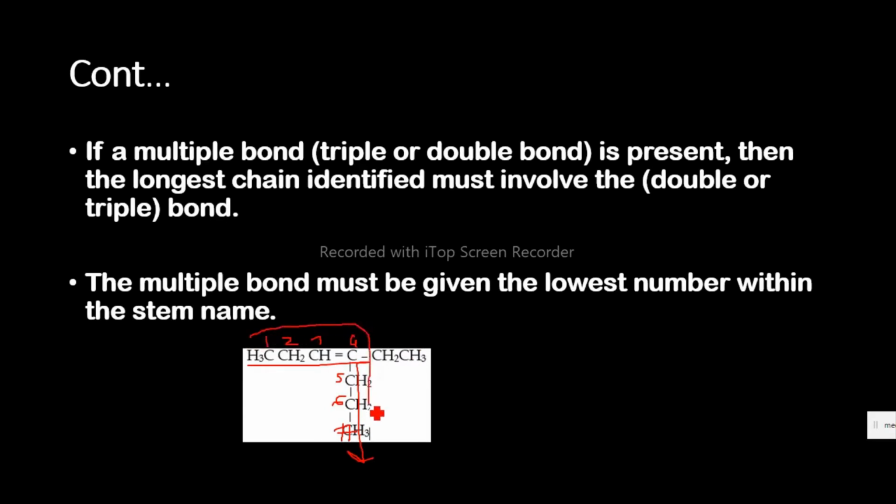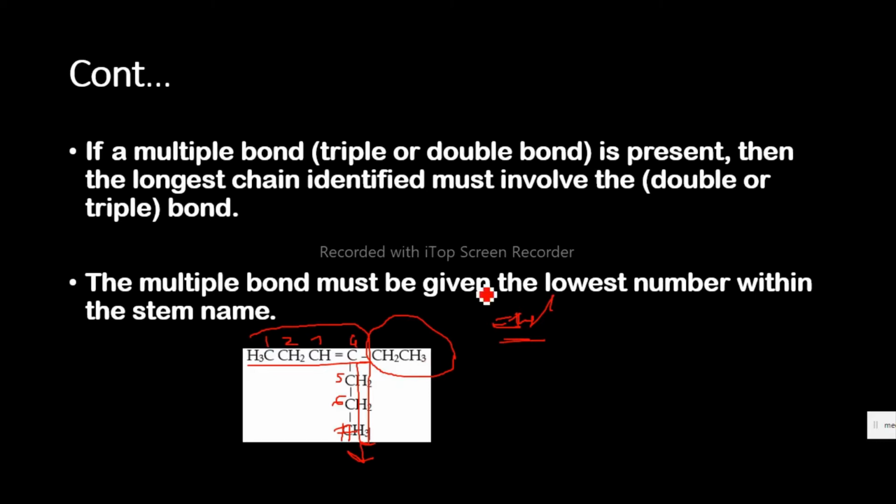Our parent chain has 7 carbon atoms. Then this is a group that is attached on our parent chain. And the group is the ethyl group. Now, after identifying a group, the next thing is to identify the position of the group.